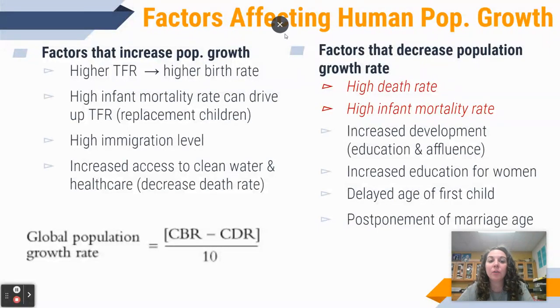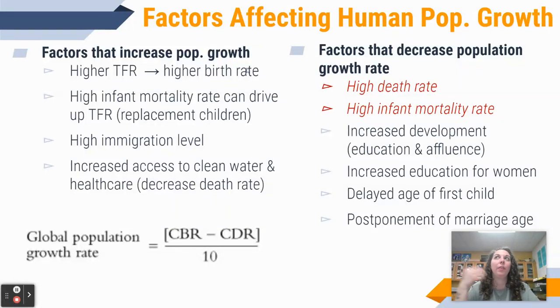So some factors are going to affect human population growth, and we're going to talk about this a little more in the next unit, but this is building off of the unit we just completed. Factors that are going to increase population growth are higher TFRs, because then we have a higher birth rate, and a high infant mortality rate.